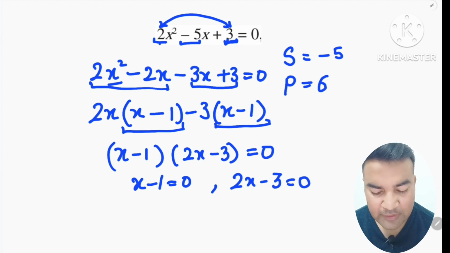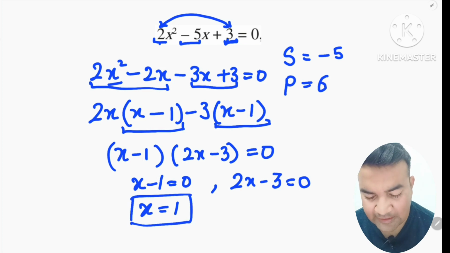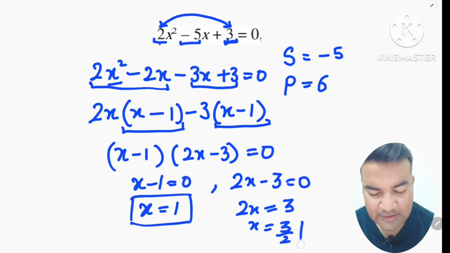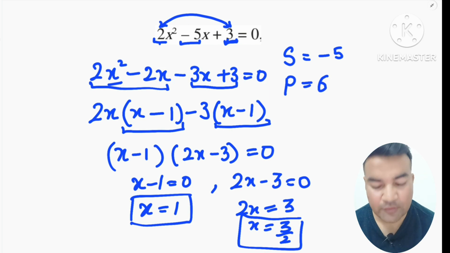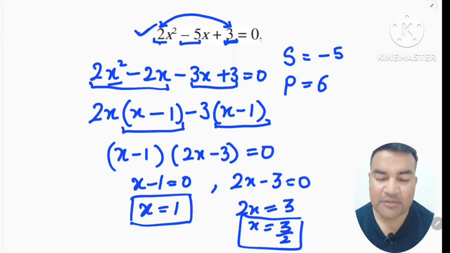So from here we can find the values: x is equal to 1, or 2x is equal to 3, x is equal to 3 over 2. So these are the zeros of the given equation. This method is called the factorization method.